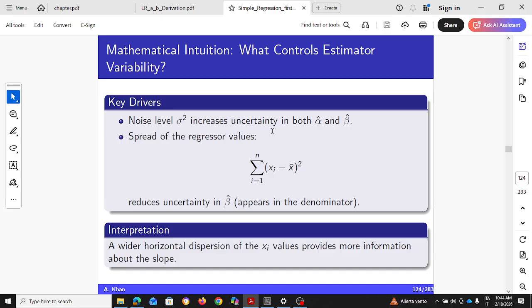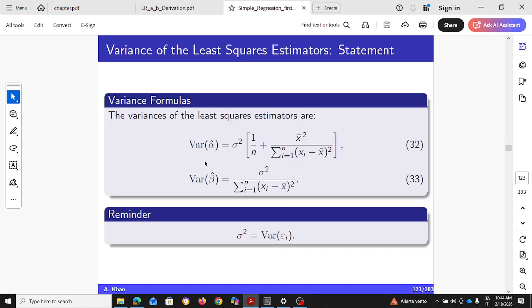And the second thing, the variability of the estimator depends on the spread of the regressor, okay. How much the values are far away or closer to the fitted line, okay. As in here this term appears in the denominator, okay.